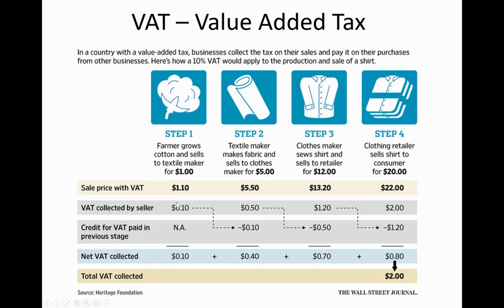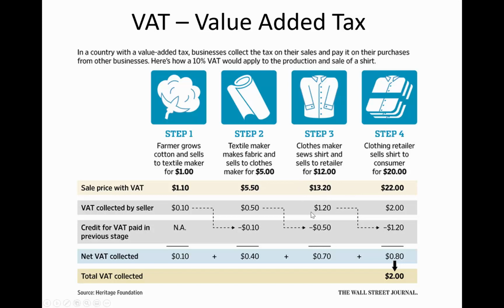So the next time, let's say that a clothes maker takes the raw fabric and makes a shirt out of it, so $12 as the selling price to the retailer. That means that with the 10% tax, so 10% would be $1.20, which means that they have to collect a total of $13.20.